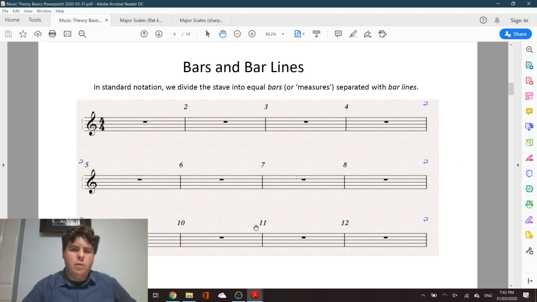But for the most part, in a piece of music, all of the bars are equal length chunks. And bars are a convenience thing as much as anything else, because if there were no bar lines, it'd be very hard to decide where to start from, unless we're starting from the beginning. But if our music is chopped up into little sections like this, then I can just say we're going to go from bar 20, and everybody can find where that is pretty quickly.